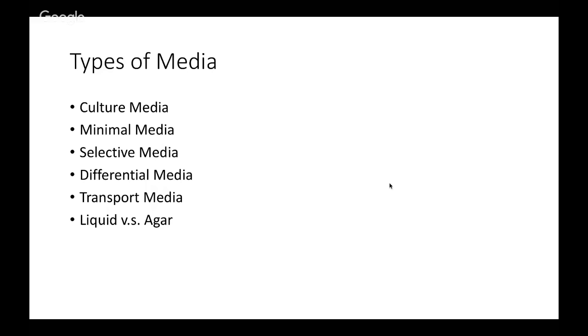Differential media is used for very specific things, for example blood agar media for cultivating human cells. That's a different beast on its own. Then there's transport media, which is media that you use to transport different types of organisms.